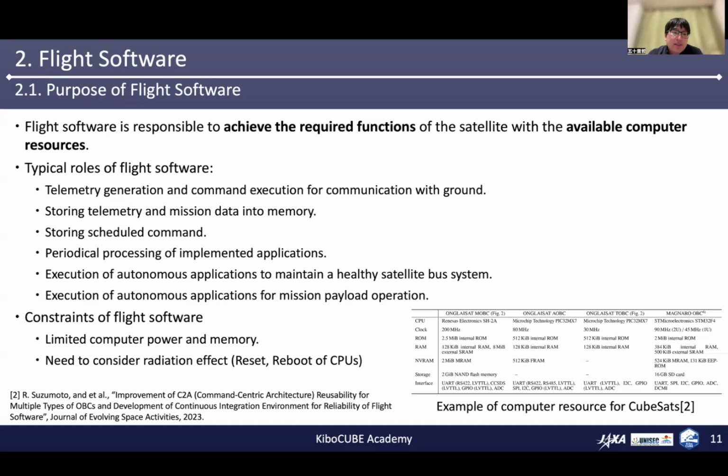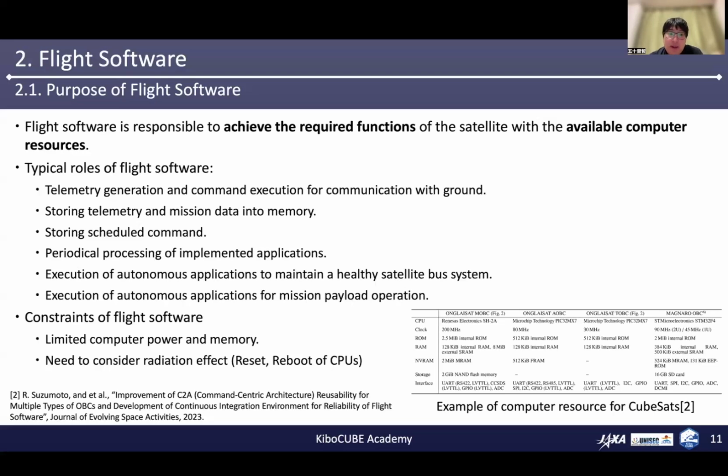And the third one is the periodical processing of implemented applications, such as collecting sensor data or the application of the attitude control system. And execution of autonomous applications to maintain a healthy satellite bus system and to operate the mission payload is also important.